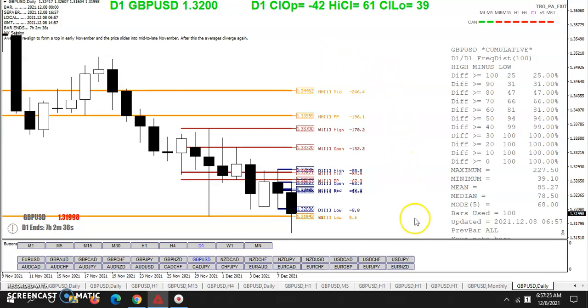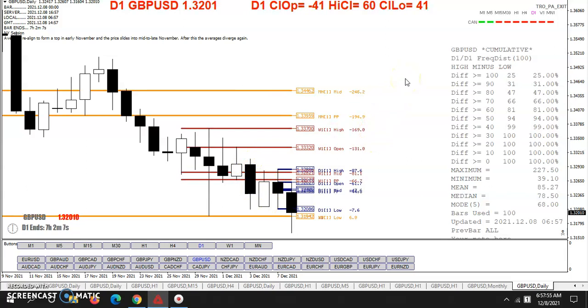So we look at the range here. You can see there's the daily high, there's the daily low. It moved. And we're going to look at it for the last 100 bars. When you look at it, you can see yesterday was an outside bar, and the previous day was an inside bar.